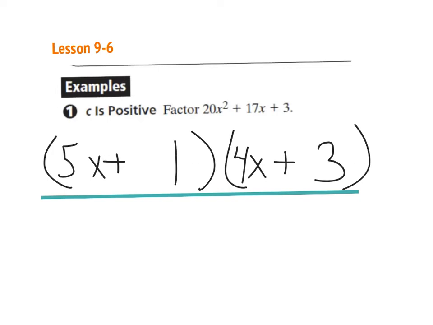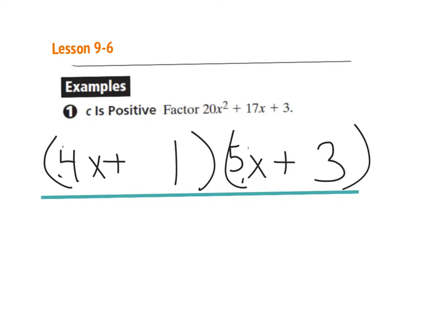Does that add up to 17? Nope, that's too big. So I'm going to erase that and try, but I could still use 5 and 4. If I put the 4 here and the 5 there, now my outers create 12 and 5, which adds up to, you guessed it, just what I need, 17.